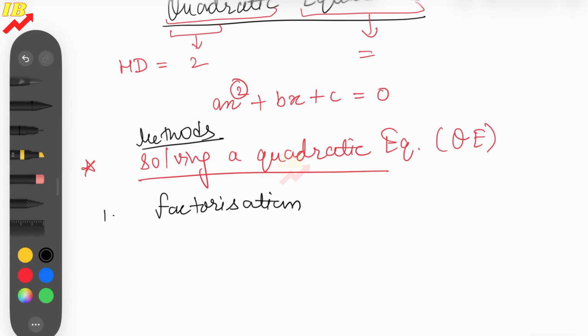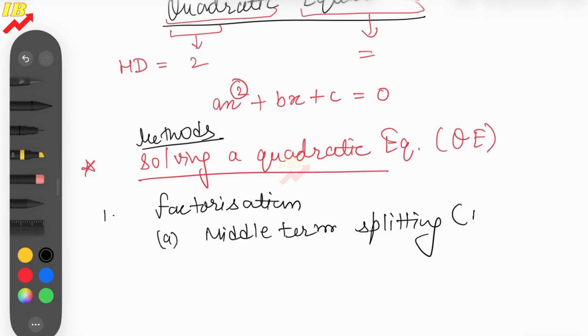So we will be taking the multiple ways here. One of them is called middle term splitting. I generally say it as MTS, middle term splitting.